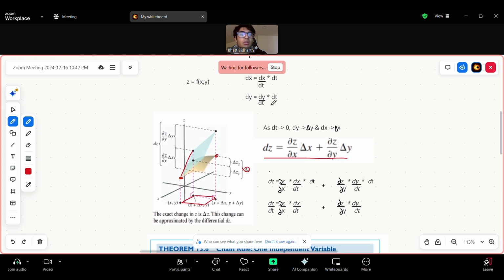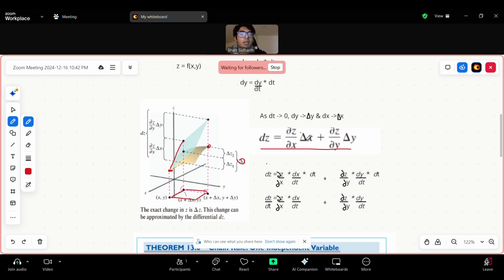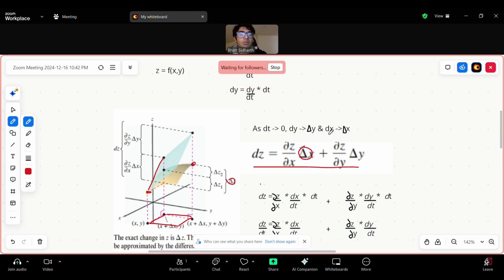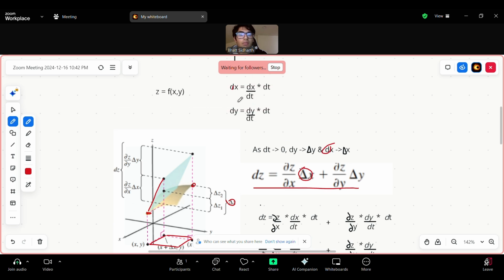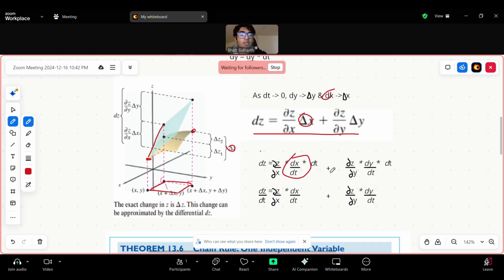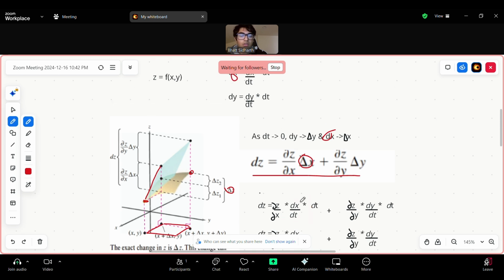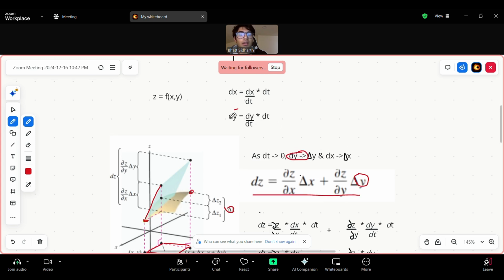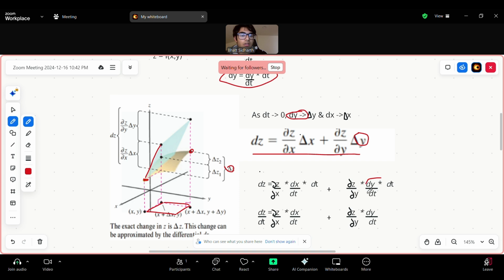So if we plug in those values, knowing that as dt goes to 0, dy approaches delta y and dx approaches delta x, we can plug in the value for delta x with the value for dx over here, and then we have this expression over here, and we can do the same thing for delta y. So delta y essentially equals dy, and dy is dy over dt times dt. So then we get this over here.